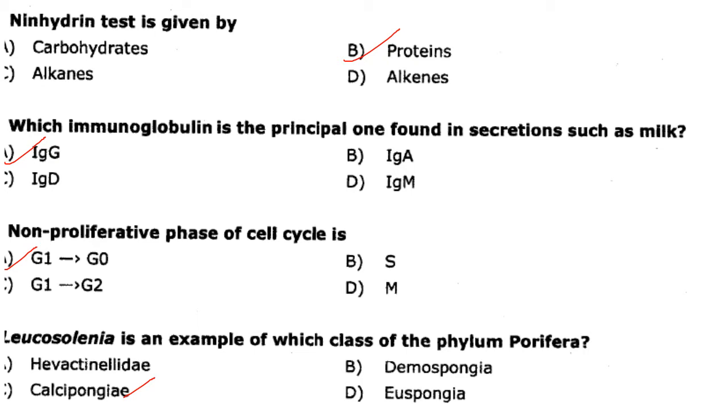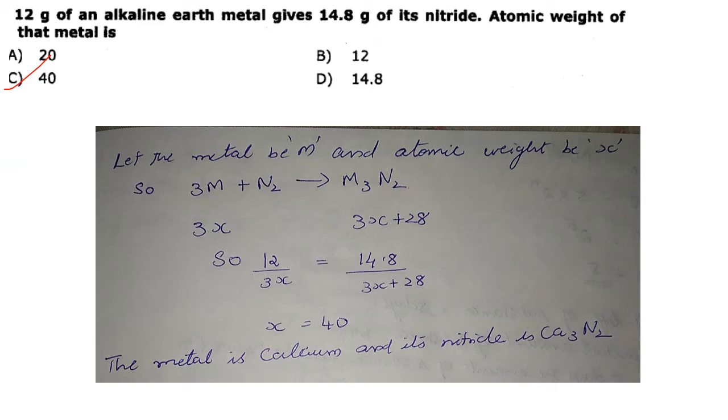So non-proliferative phase of the cell cycle is G1 to G0. Then Leucosolenia is an example of which class of phylum Porifera? So it is an example of Calcispongiae. Option C.